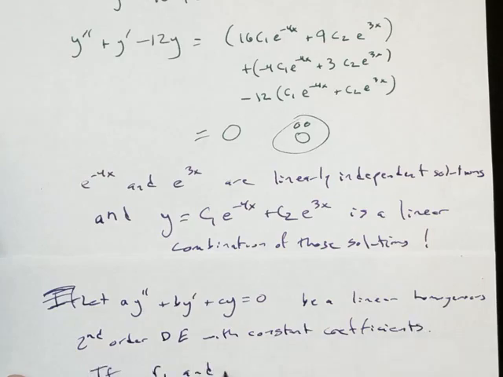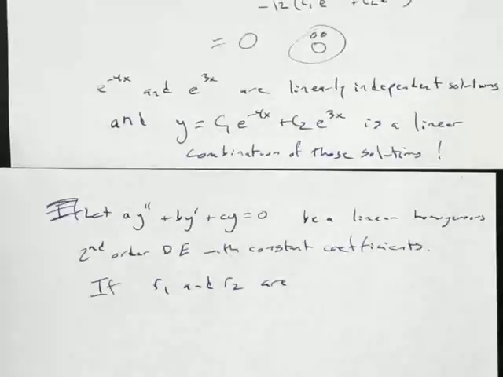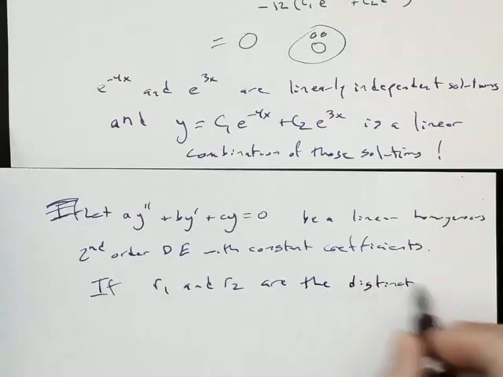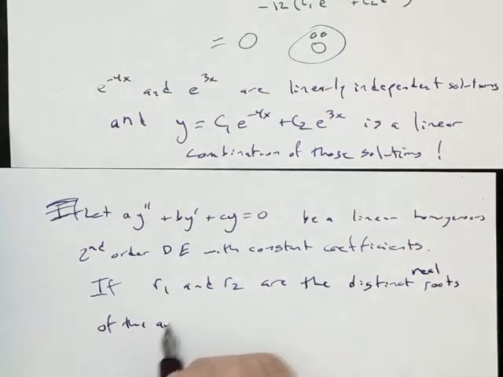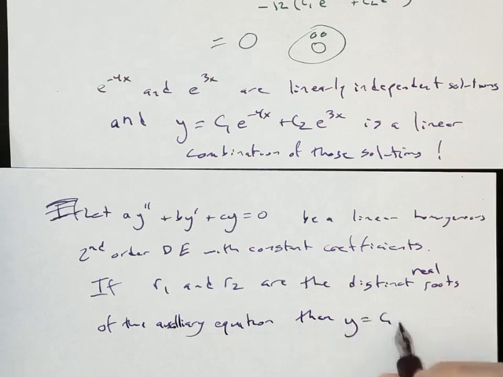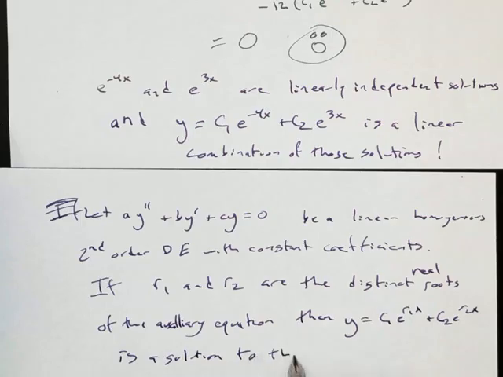If R1 and R2 are the roots of the auxiliary equation, I'm going to throw in a new word here, the distinct, real roots of the auxiliary equation, two L's in auxiliary, then y equals C1 e to the R1x plus C2 e to the R2x is a solution to the differential equation.